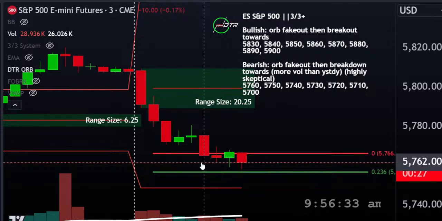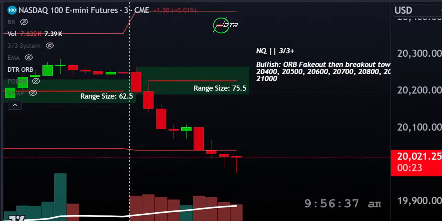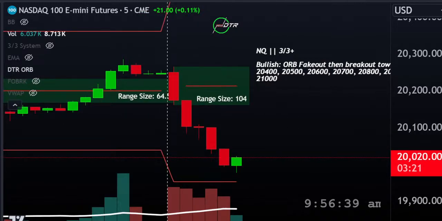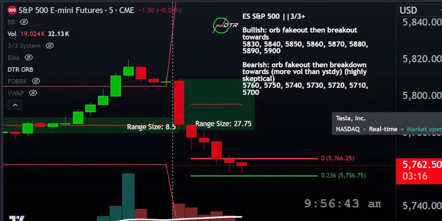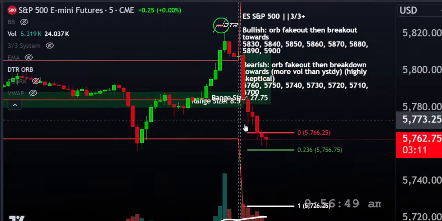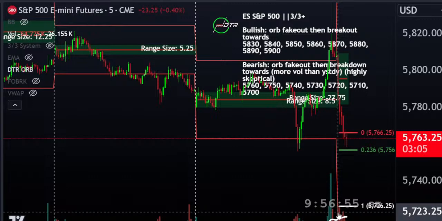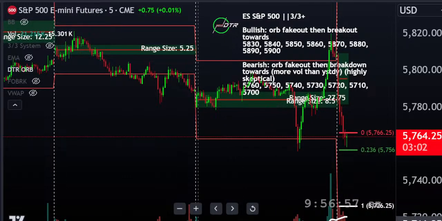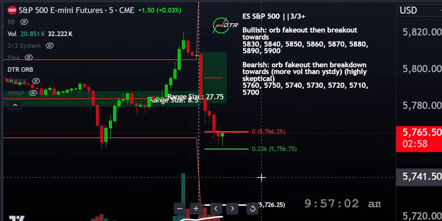Or do you mean yesterday's low of day? No, because we have way more volume than yesterday at the open. So we had 64,000 contracts traded versus 32, so about double yesterday's volume at open.